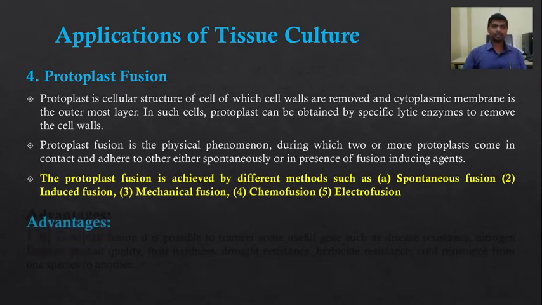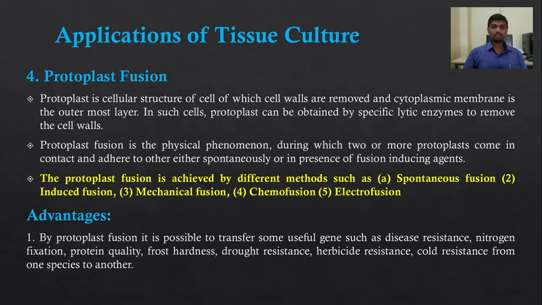Now the advantages of protoplast fusion. By protoplast fusion, it is possible to transfer some useful genes such as disease resistance, nitrogen fixation, protein quality, frost hardiness, drought resistance, herbicide resistance, cold resistance from one species to another species.